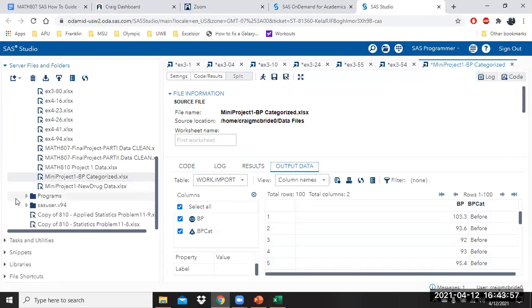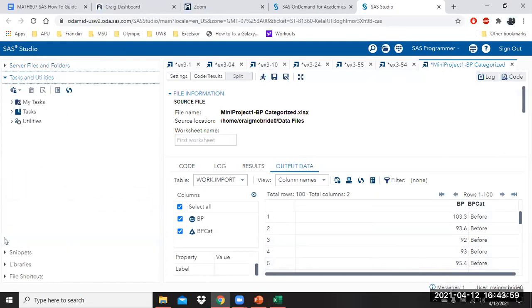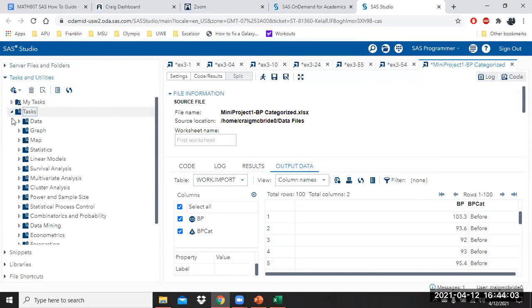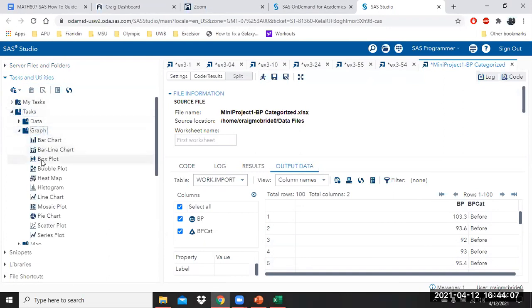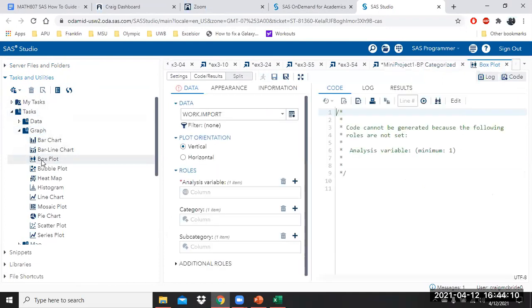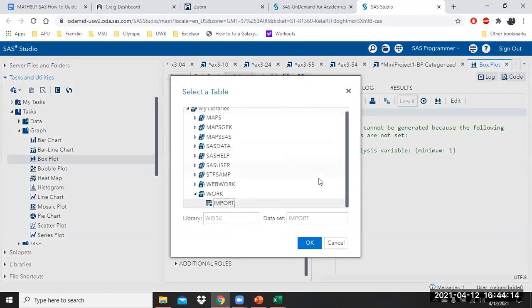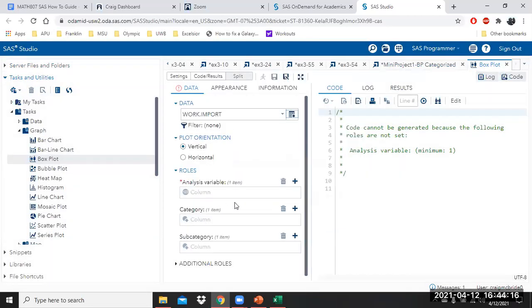And now if we go to our tasks, graph, and box plot, and grab the BP data.